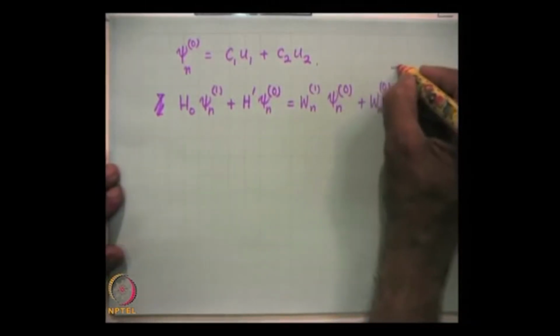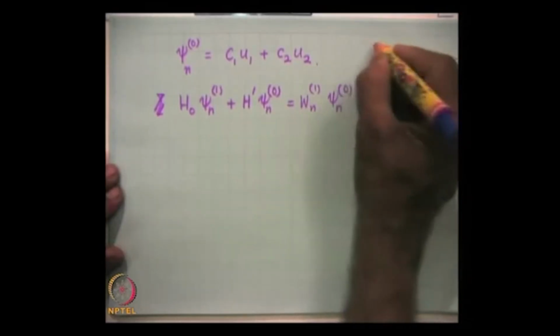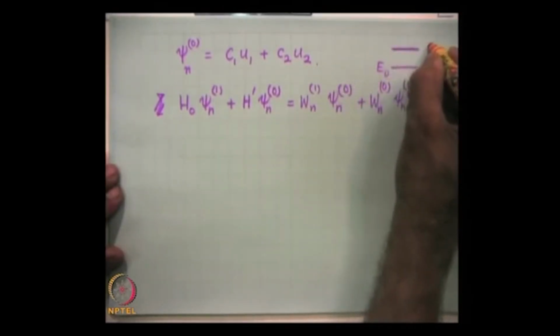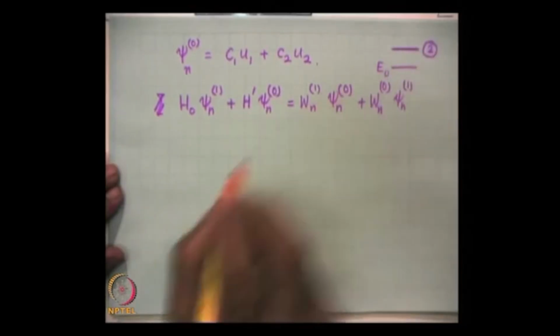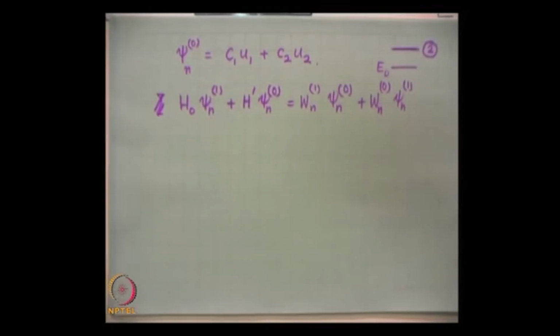Now, we are assuming this is E0 and this is the second state, which is a twofold degenerate state. So, we have H naught psi n1.